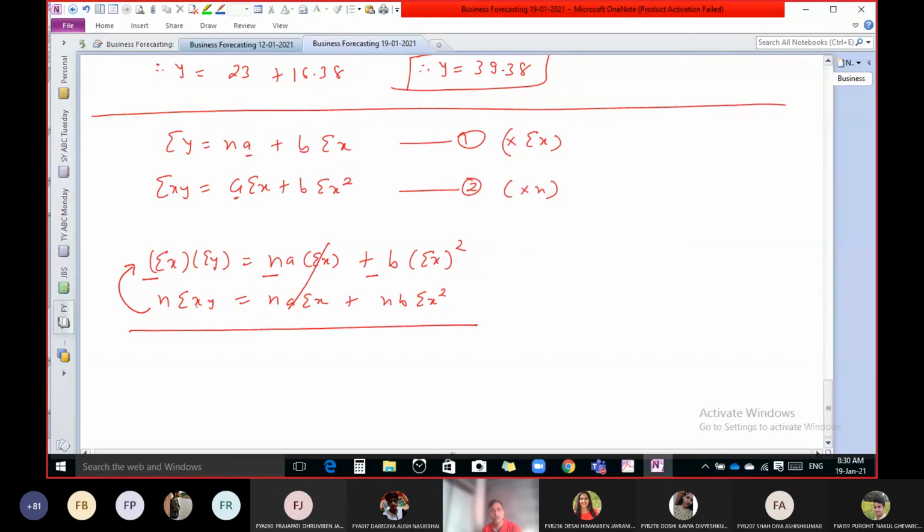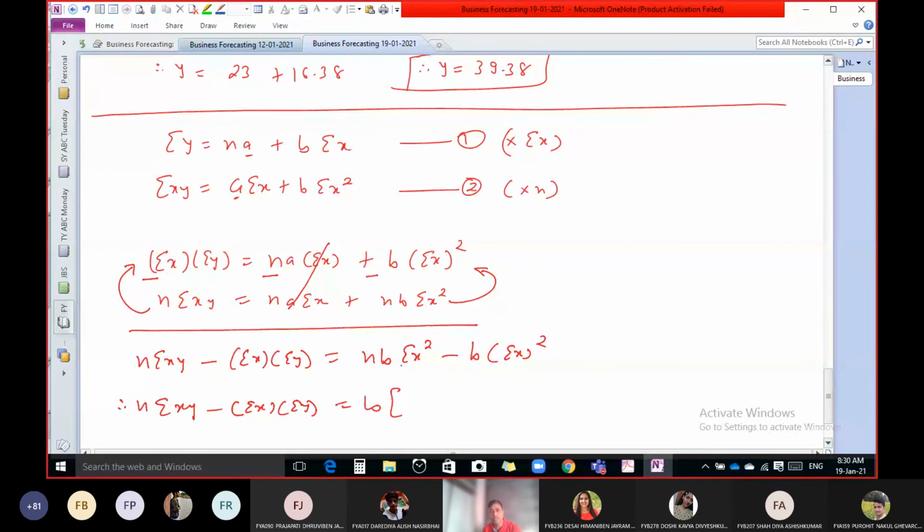And this minus this, we get n sigma xy minus sigma x sigma y equal to n b sigma x square minus b sigma x the whole square. So you can take b common from this, we get n sigma x square minus sigma x the whole square.